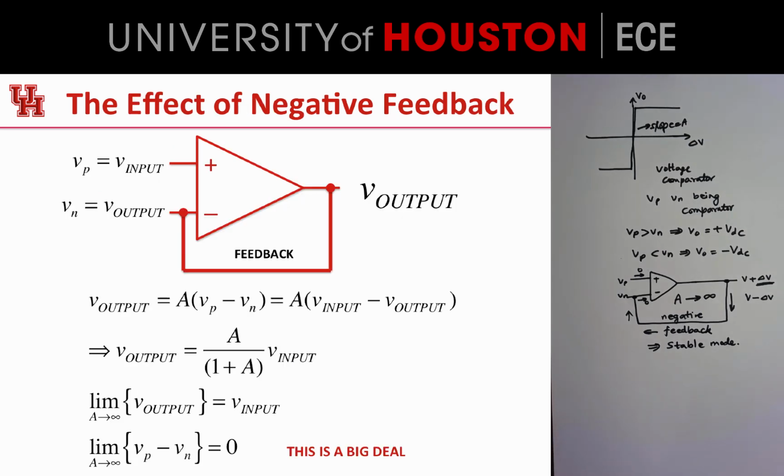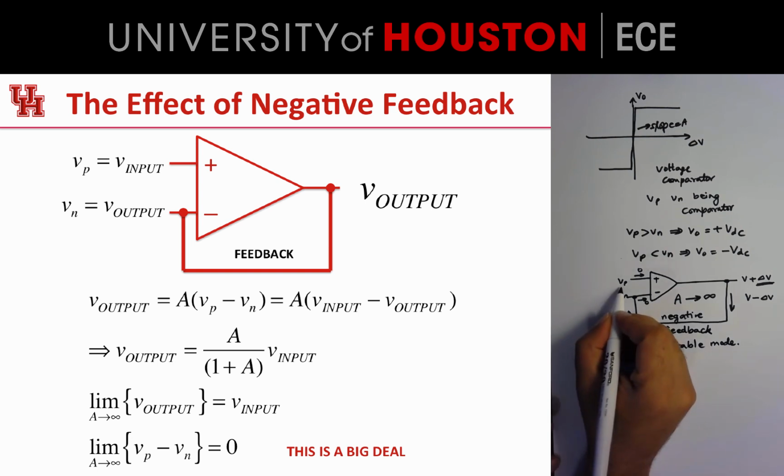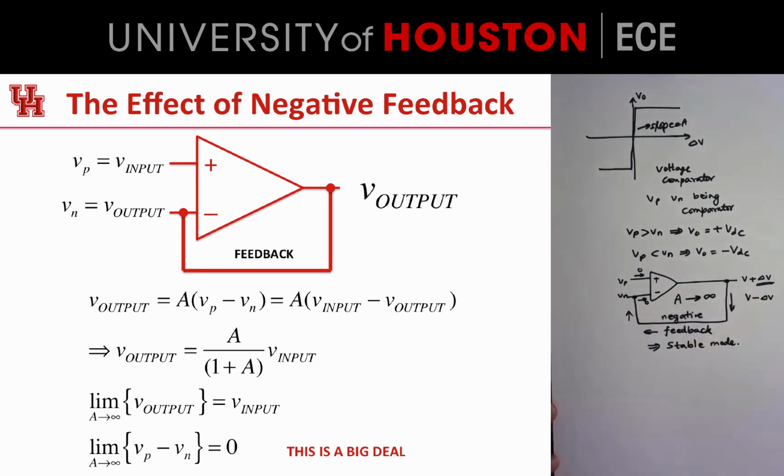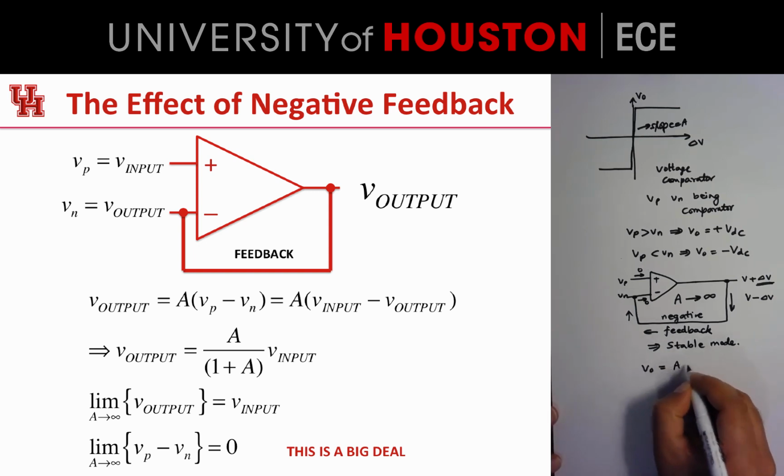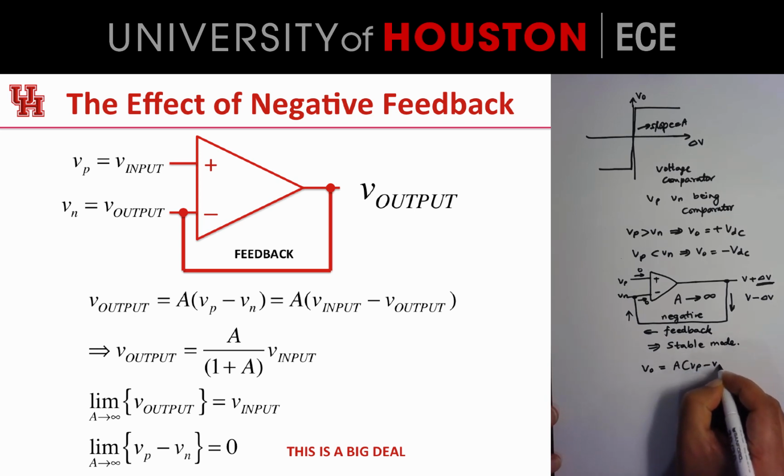Now let's take a look at what the stable mode means and what it does. For example, if we have VP and VN and V out like that, we know that V output for this op-amp is A times (VP minus VN).